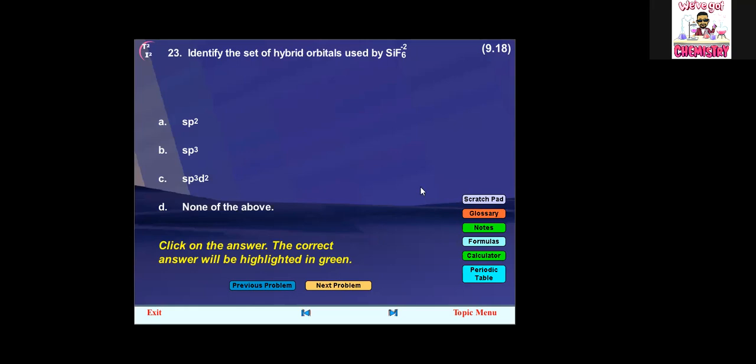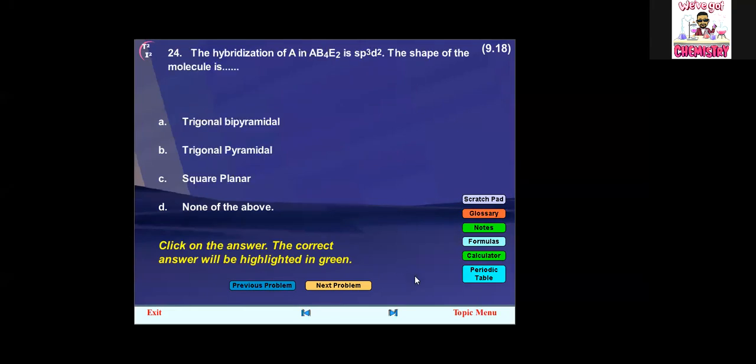Identify the set of hybrid orbitals used by SiF6 2-, that is, it has a charge of -2. So the best thing is to draw the molecular geometry. Remember, this is a -2 charge, so it's going to be plus 2 electrons when you count the number of electrons before you draw the structures. The hybridization of A in AB4E2 is sp3d2.